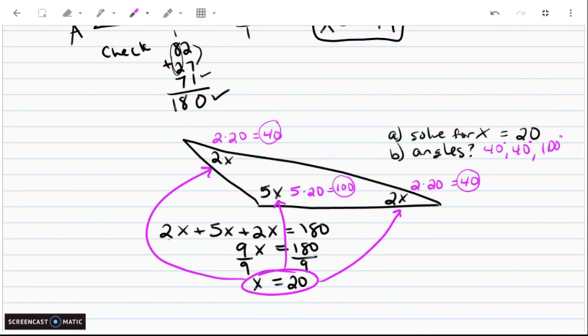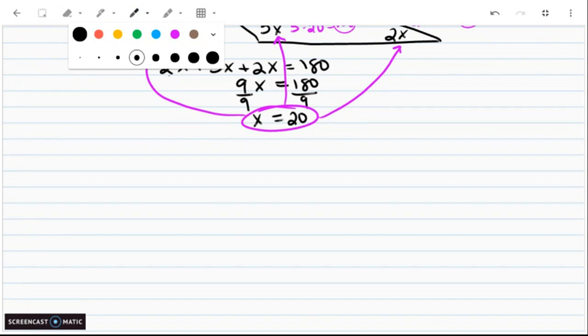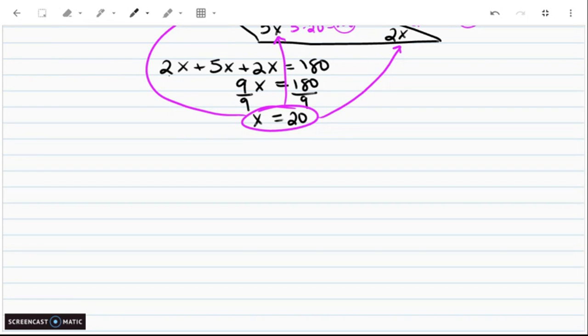And the last example that I wanted to do was a little bit more challenging, only because you have to recognize this 90 degrees. And this is a really common type of problem. So I'm going to draw a right triangle.